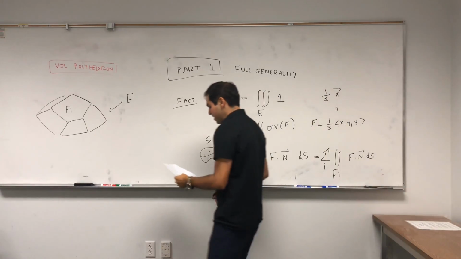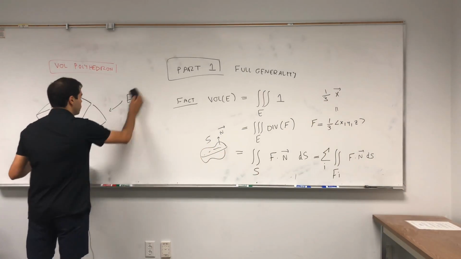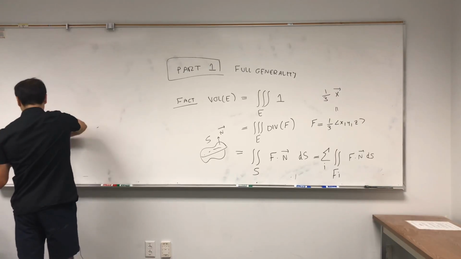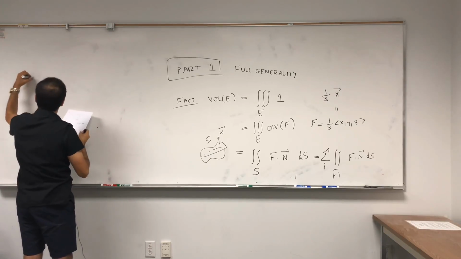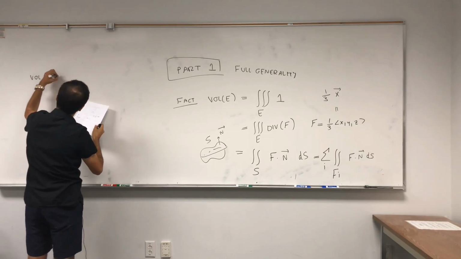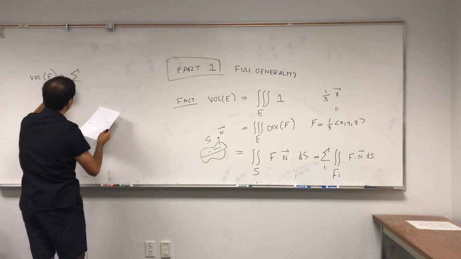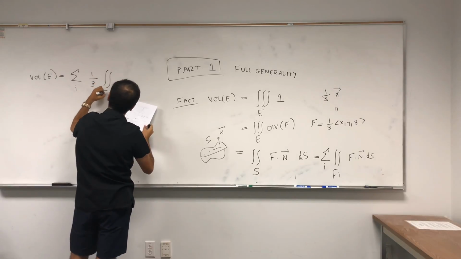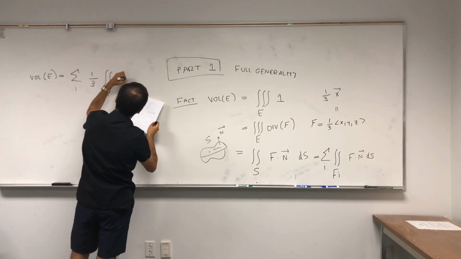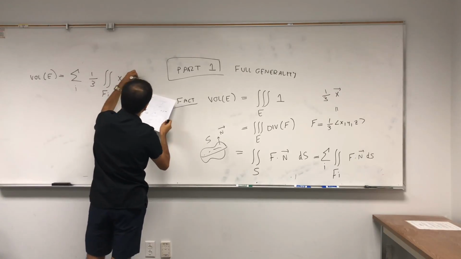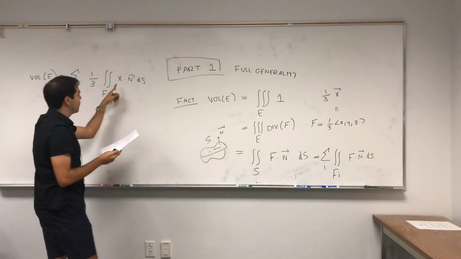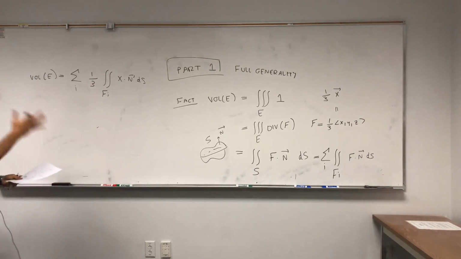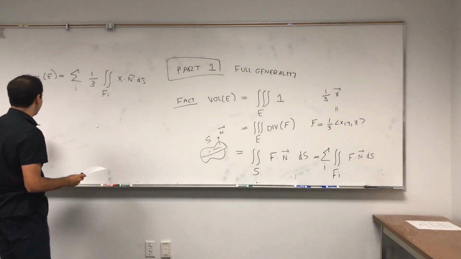Therefore, in the end, we get that the volume of E equals the sum over all the faces i of 1/3 times the double integral over the face F_i of x dotted with n dS. Of course, x depends on the face, and n depends on the face. Okay, now let's calculate that more precisely.